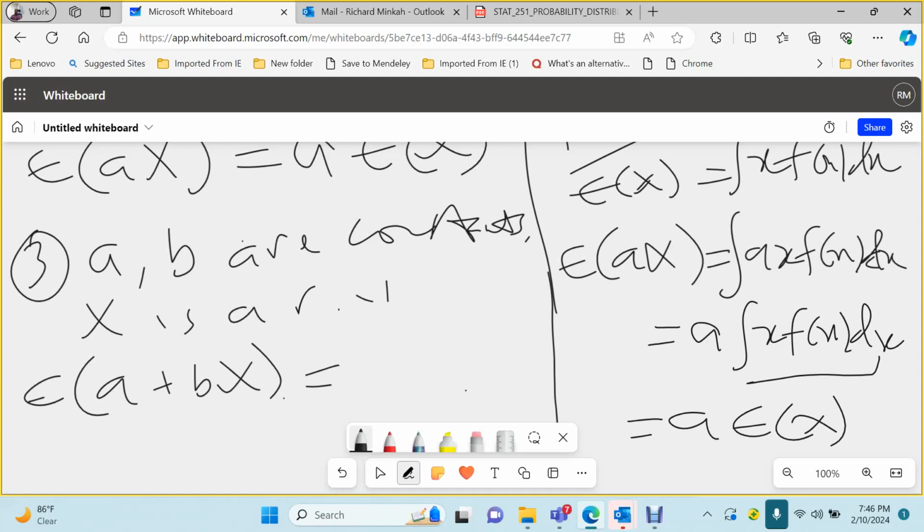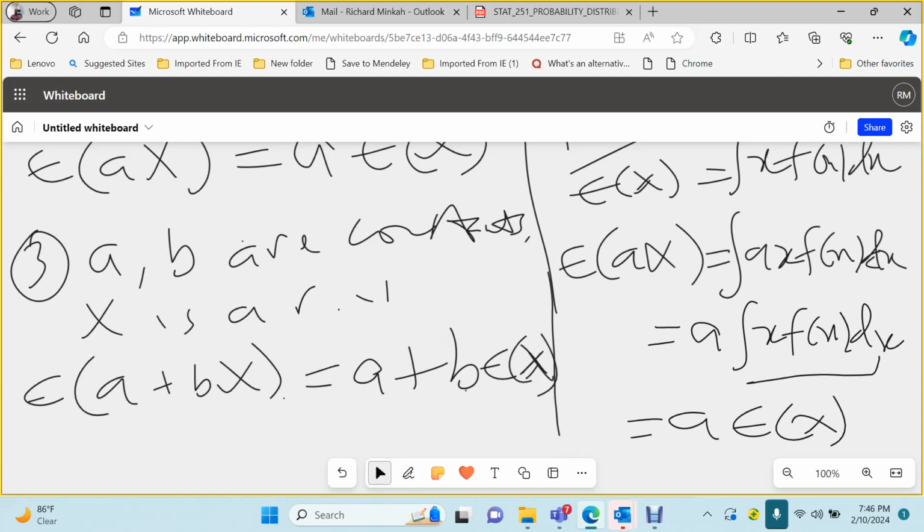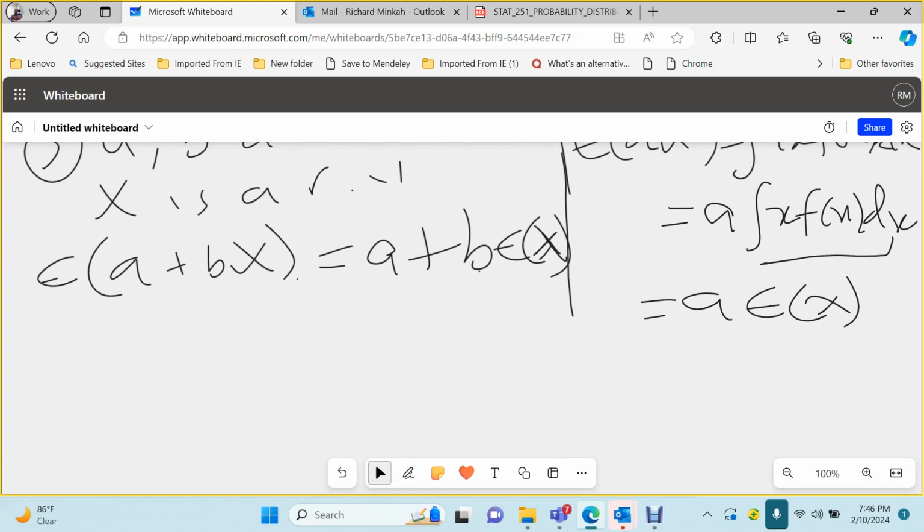It will be A plus B times the expected value of X. Good. And from those two proofs that we have done, you can prove this as well. Okay. All right. Let me move on.